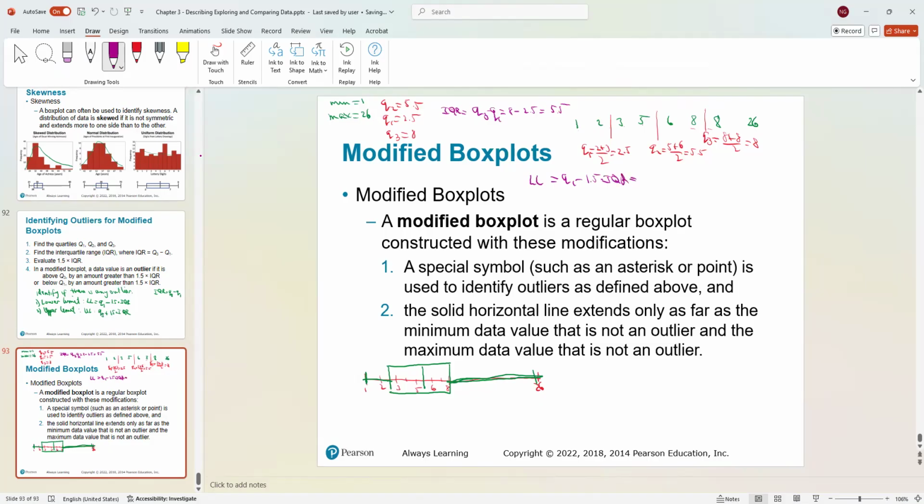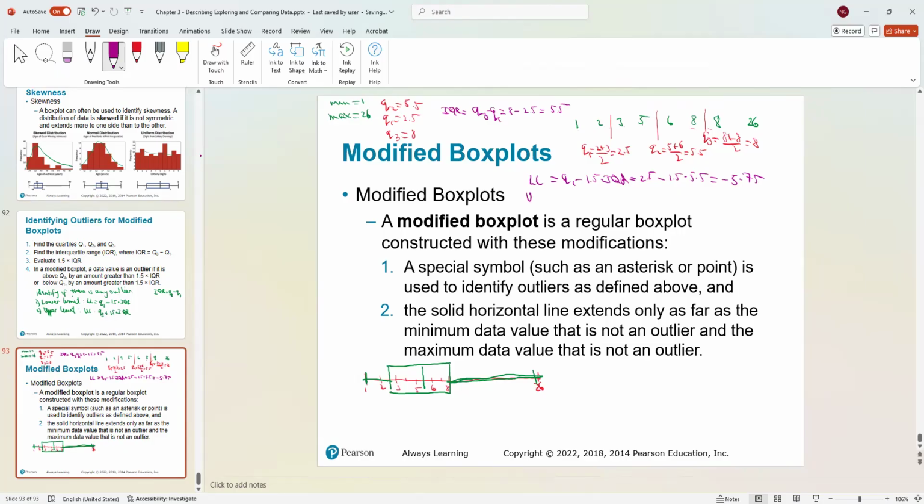Q1 is 2.5 minus 1.5 times 5.5. 1.5 times 5.5 is 8.25, so 2.5 minus 8.25 gives you negative 5.75. Is there any data in your data set below negative 5.75? No, because the lowest value is 1, which is greater than negative 5.75. So there is no observation below that number.